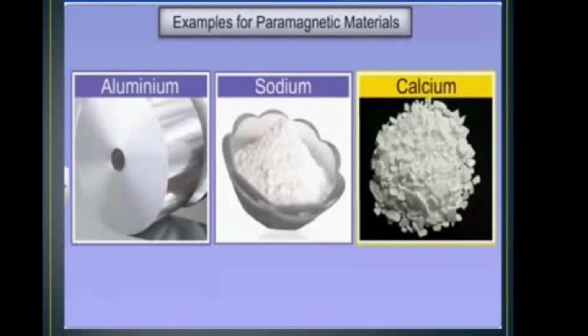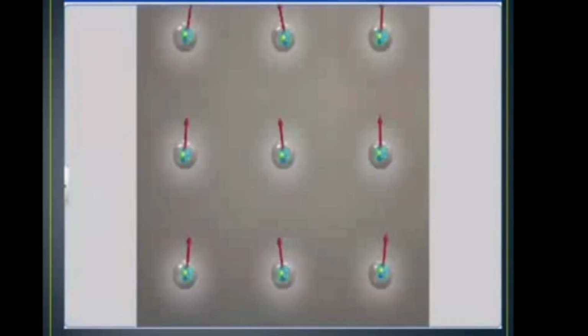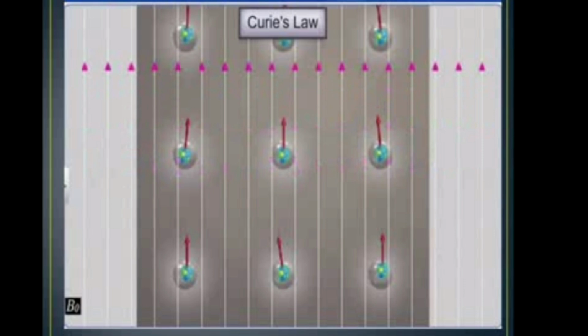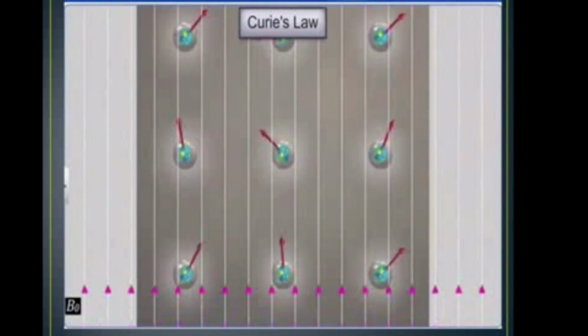Examples of paramagnetic materials are aluminum, sodium, calcium, platinum and chromium. The susceptibility chi is greater than 0, that is, susceptibility is positive and permeability is greater than unity. Paramagnetic material is attracted, and the susceptibility is inversely proportional to temperature.